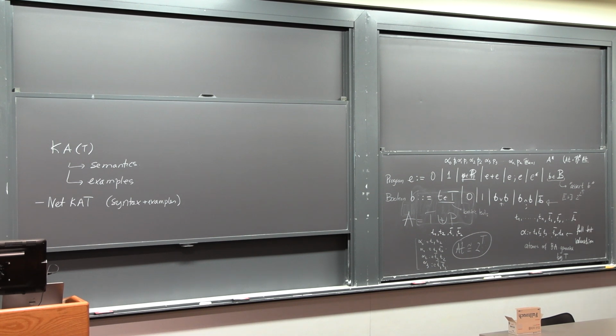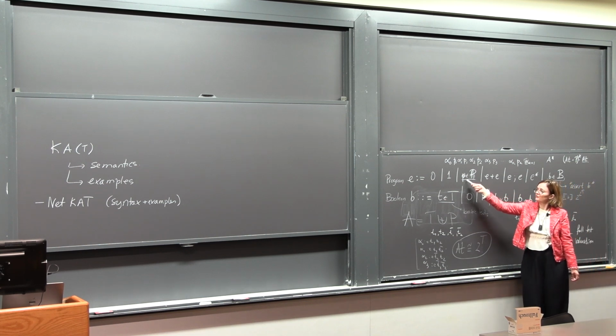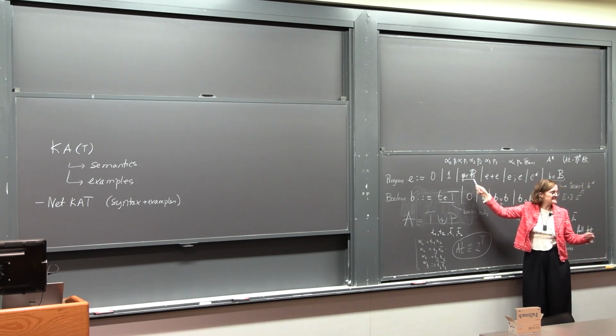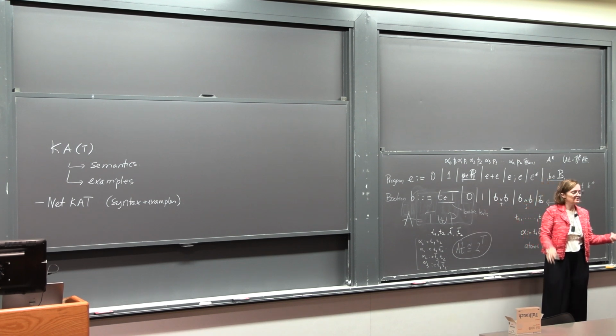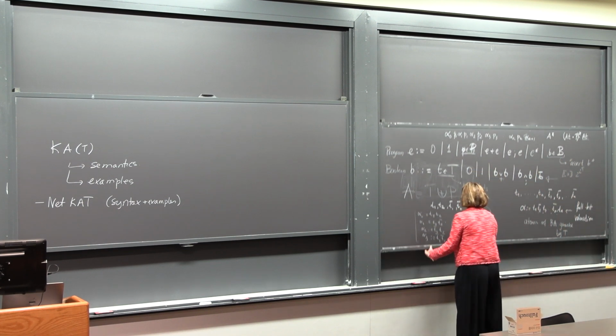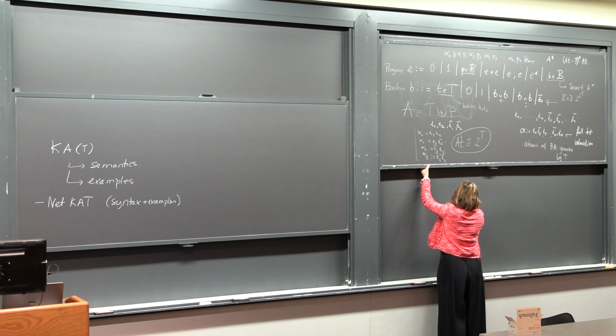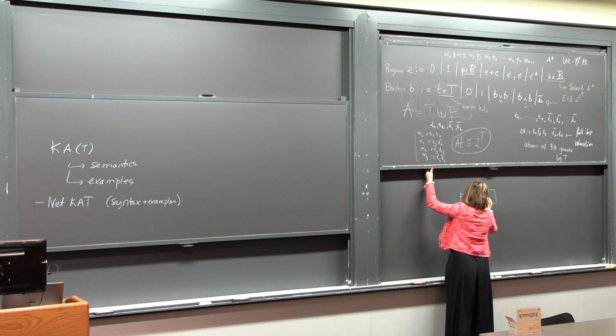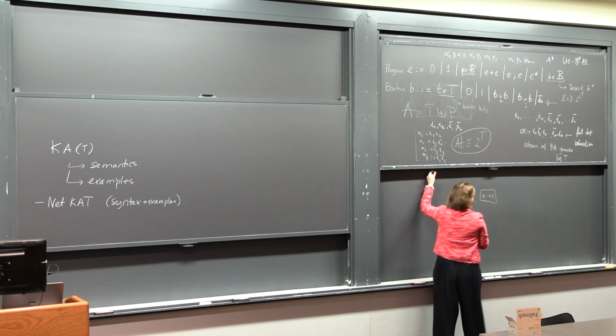Yes, sir. What's an action? An action is just, I sort of took a subset of my alphabet and I said, these are program actions. So KAT is about uninterpreted programs. The letters of the alphabet can be standing in for things like X becomes 1, but I call it P. I don't tell you the P. One of these P's might be standing for something like X becomes 1.